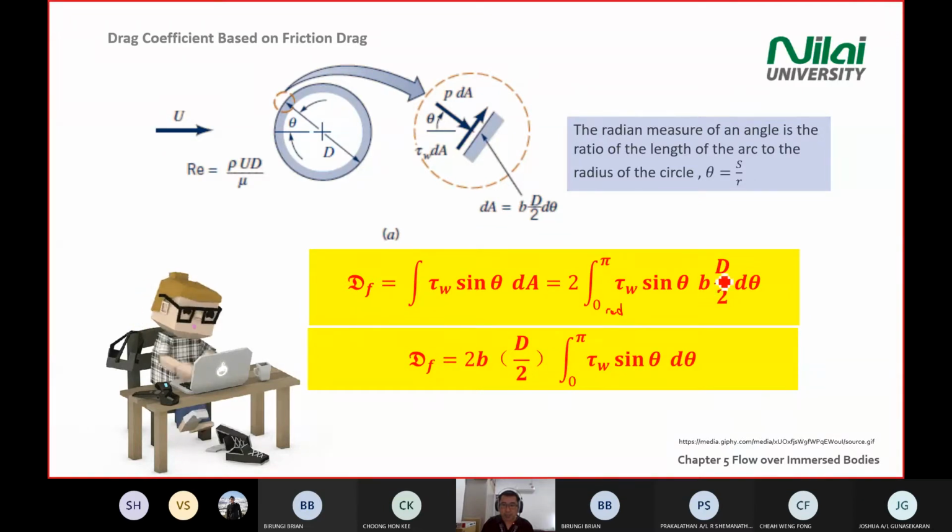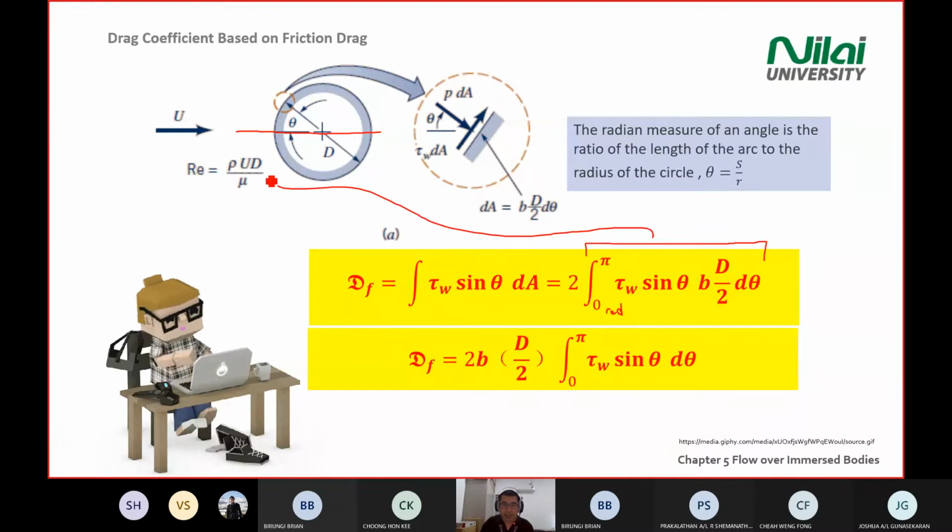Pull out all the constants in the equation. Which are constant? B is constant, the diameter is constant, 2 is constant. Sorry, just now I missed out the 2. It means that we calculate the overall cylindrical object. For this term only, we calculate the first half from here up to here, then the other half is the same.